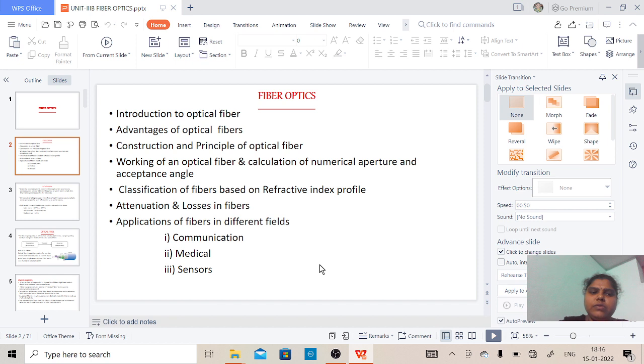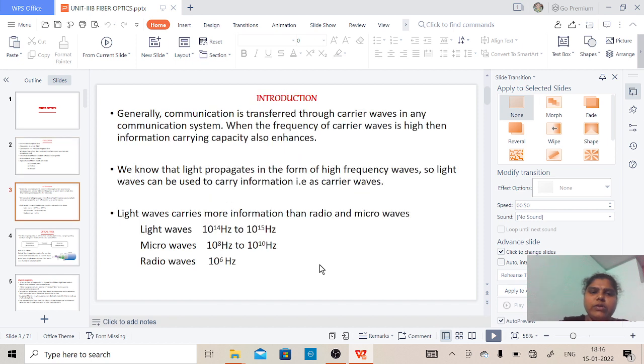Now we are going to discuss fiber with a small brief introduction. Generally, communication is transferred through carrier waves in any communication system. When the frequency of the carrier waves is high, the information carrying capacity also increases. The best purpose for using optical fibers is for communication.